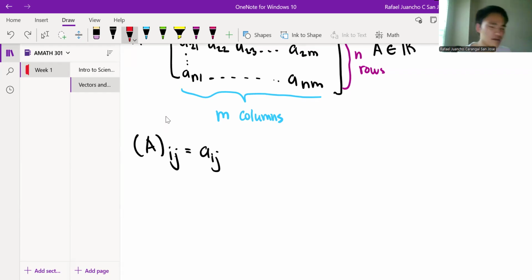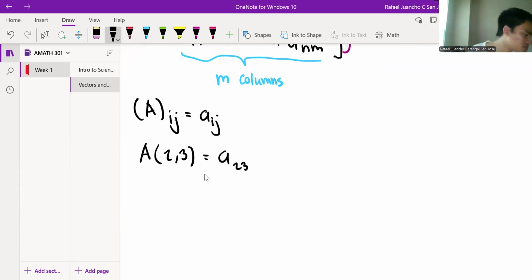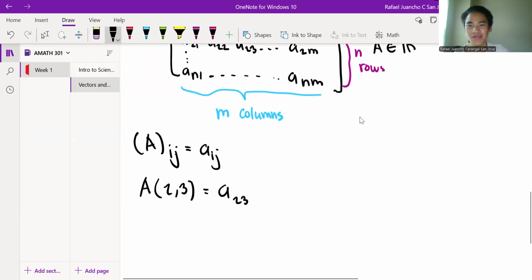Another way of looking at it could be this kind, and this is just 2, 3. Any of these ways, but the idea is we're indexing. And yes, we described it as n by m dimensions.